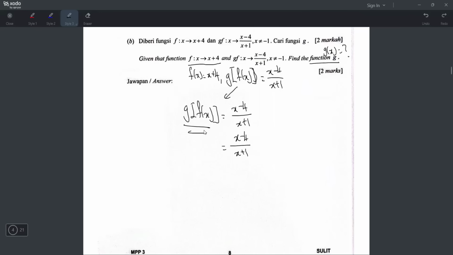But here, you have to focus on what's inside. Apa yang duduk dalam bracket. So, dalam is fx. And kalau dalam ada, then you have to masuk and then let. But kalau dalam tak ada, then you tengok luar. Because kalau dalam tak ada, luar mesti ada. And for that one, no need to let.